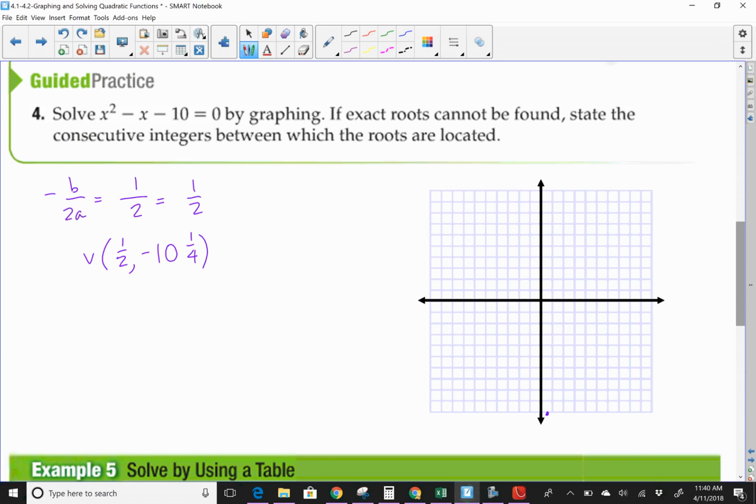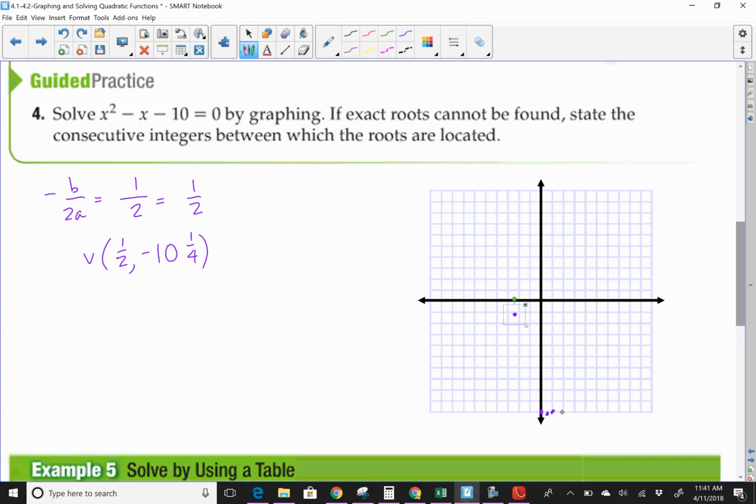You can either choose to do this, we do know this point, negative 10 is my y-intercept. That was one of the things I was telling you. So if I went half that way, making it symmetric, if I'm halfway, then I know that over 3 is going to go up 9, and 9 is going to be right below here.